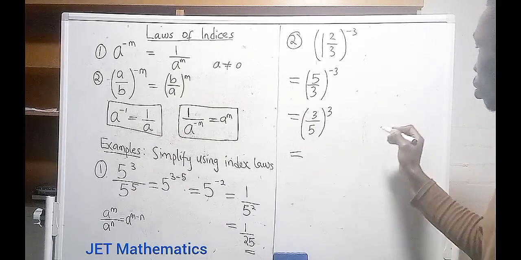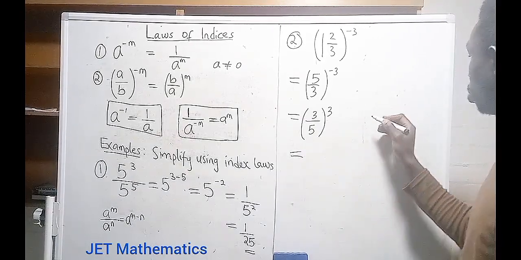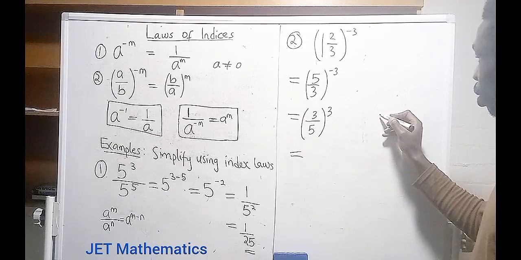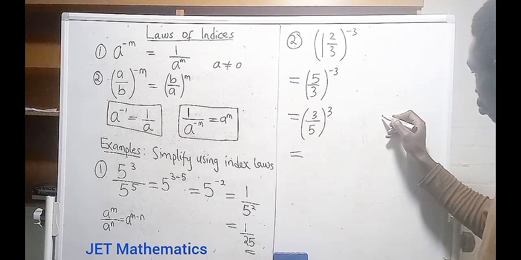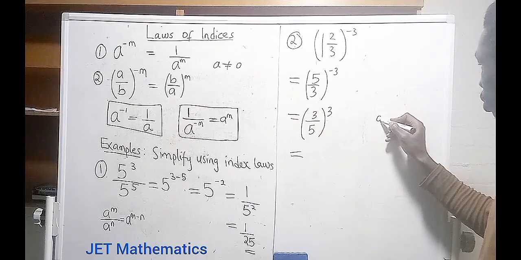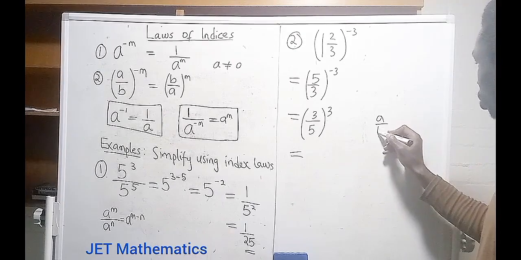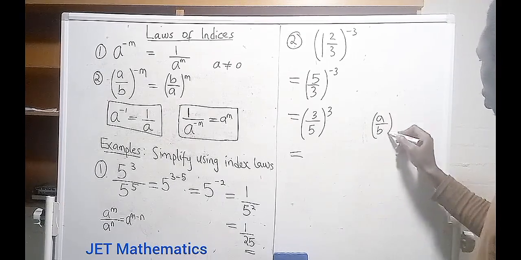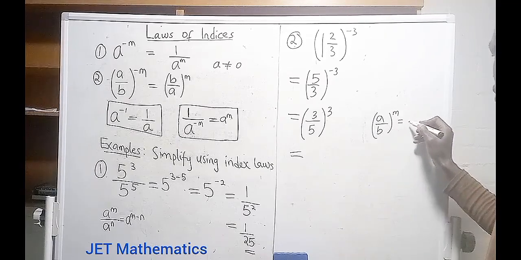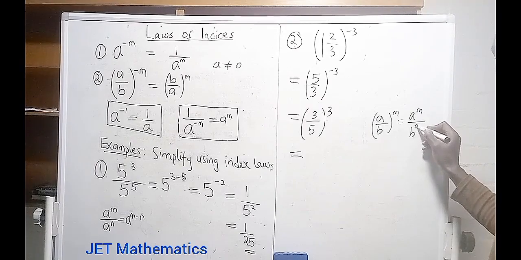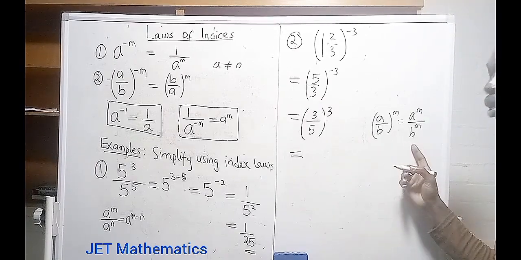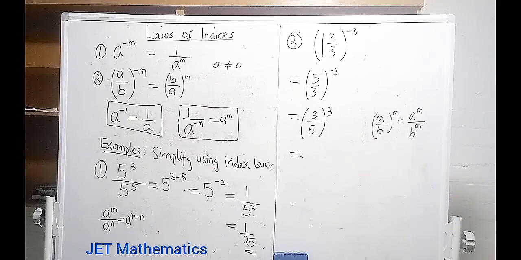Remember in our laws of indices part 2 in our previous video, we said that a over b raised to the power of m is the same thing as a raised to the power of m over b raised to the power of m. Right? Remember this law? So we can use it here.